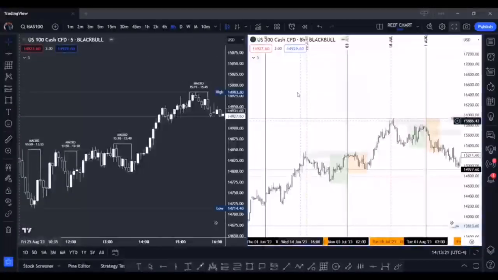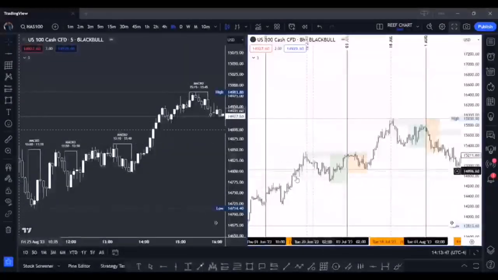Now there are two things that the market is constantly seeking. Number one, it's constantly seeking to take out liquidity. Number two, it's constantly seeking to take out or trade into inefficiencies. So inefficiencies are basically expansions in price, where the market will offer you buy side, but will not offer you the sell side.